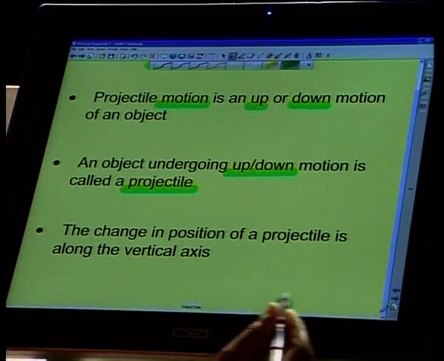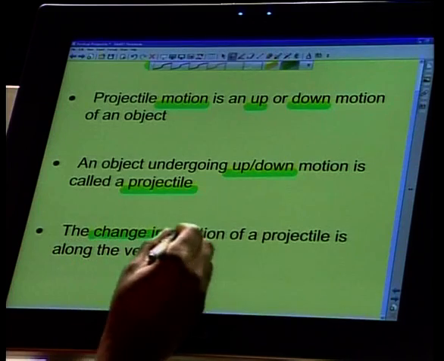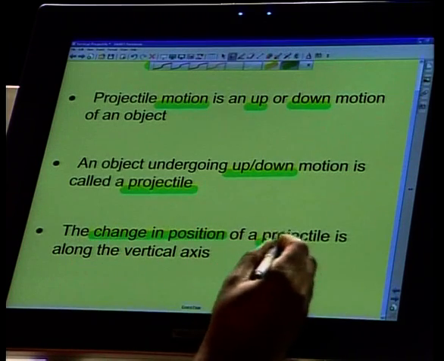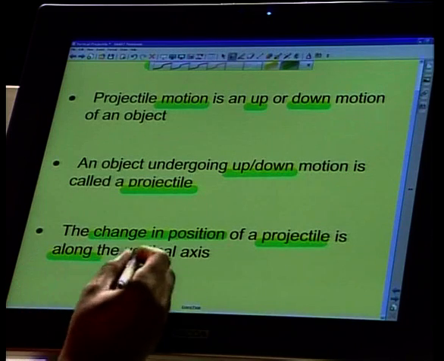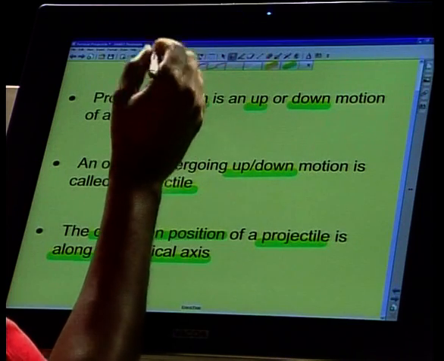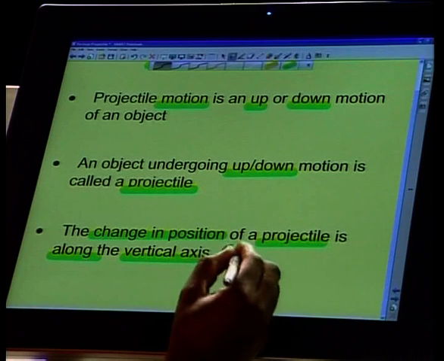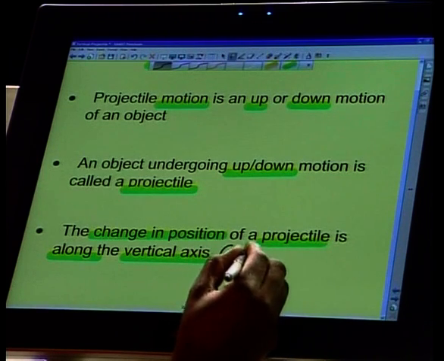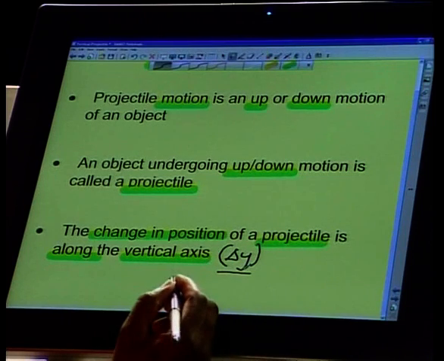Now, we also know that if an object is moving, it is constantly changing its position. For an up or down motion, how is that position changing? The change in position of a projectile motion is along the vertical axis. And because it is along the vertical axis, the change in position is represented by delta y.